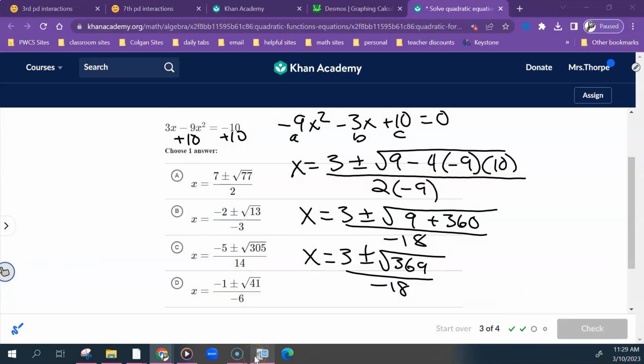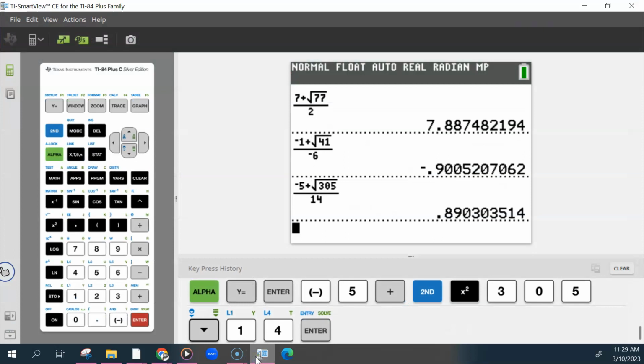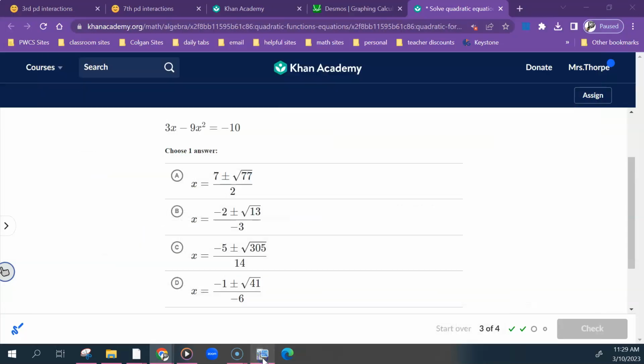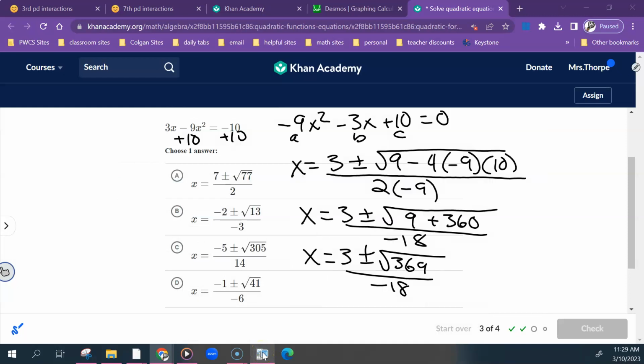So let me see. I'm gonna do the actual math really fast and figure out which one it is, and then figure out what we did wrong, what I did wrong.